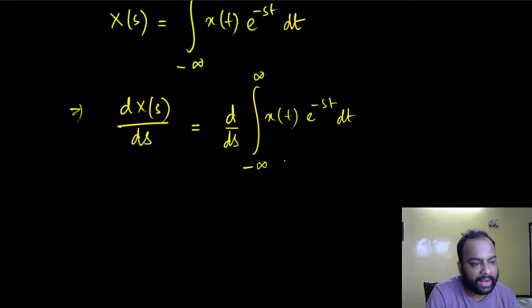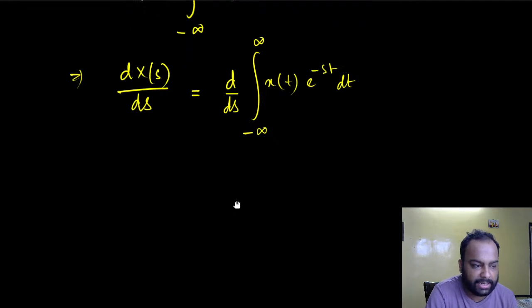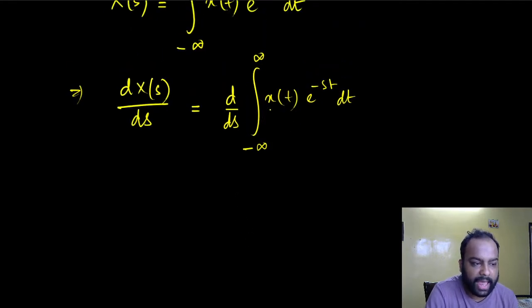Now look at the integration. This integration is entirely with respect to t, so s is a constant as far as the integration goes, so this d/ds can go inside. It has no effect on x(t) because that's a pure function of t, but it does affect the e to the power minus st term, because that is also a function of s.